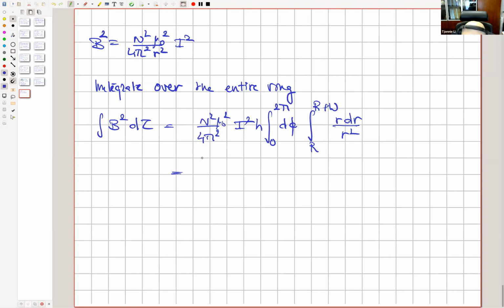So I end up with n squared mu naught squared, and this here is 2 pi, so I end up with just 2 pi below.